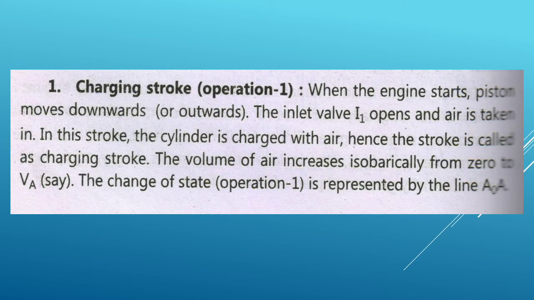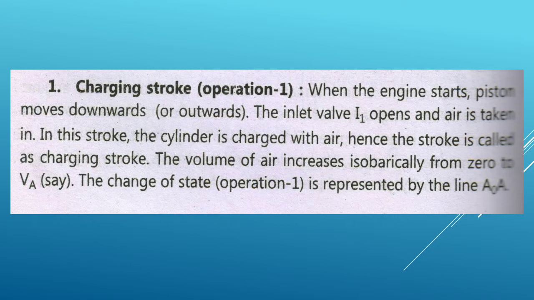Now first one is charging stroke, that is operation first. In the first operation, when the engine starts, piston moves outwards and the inlet valve I1 opens and air is taken into the cylinder.